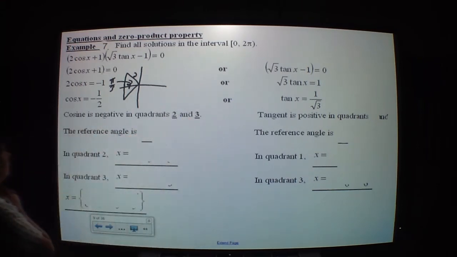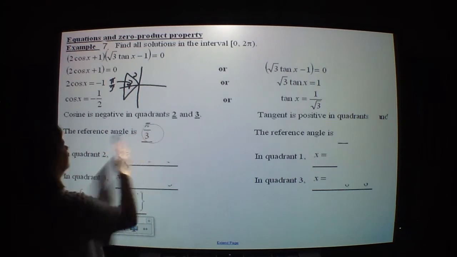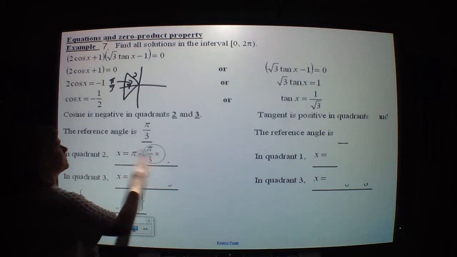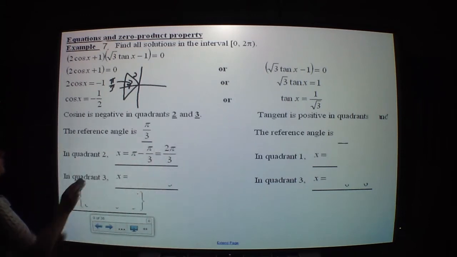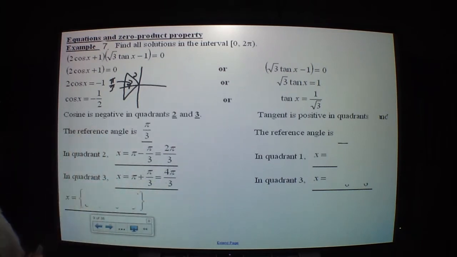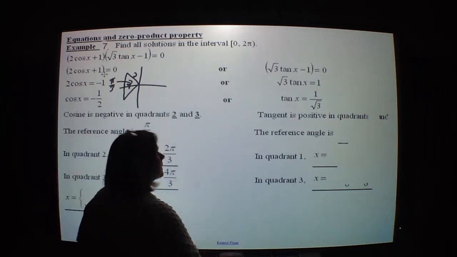In quadrants 2 and 3, the reference angle is pi over 3. So in quadrant 2, I'm 2 pi over 3. And in quadrant 3, I'm 4 pi over 3. Okay?